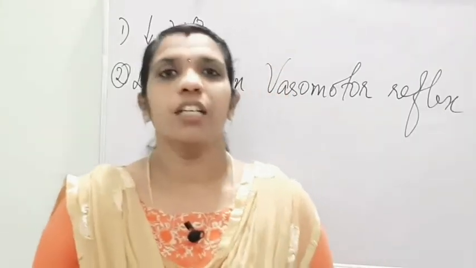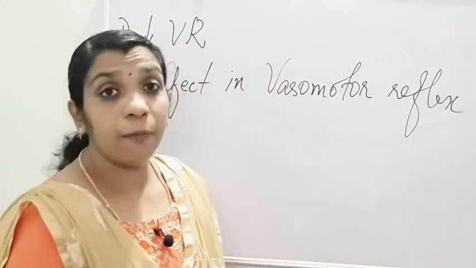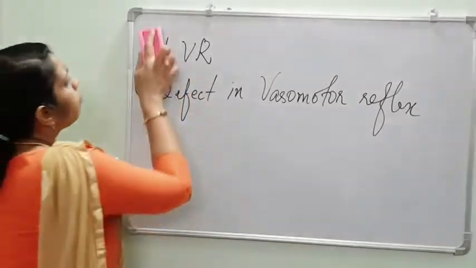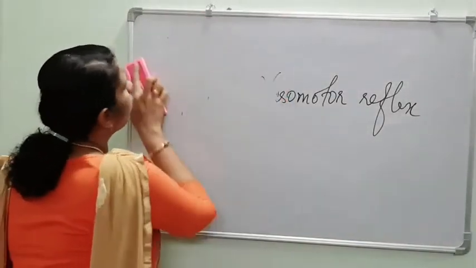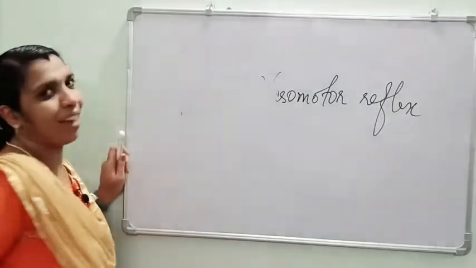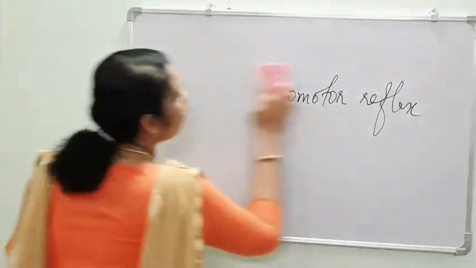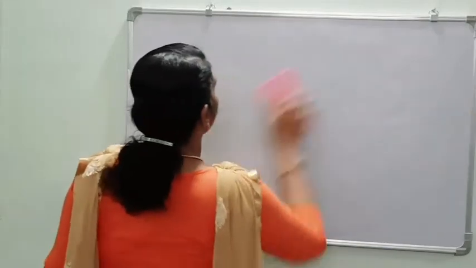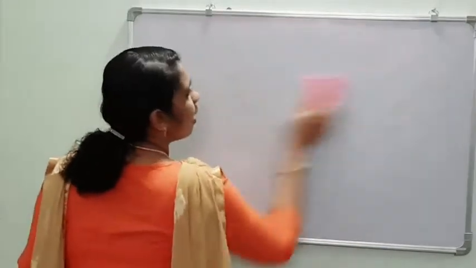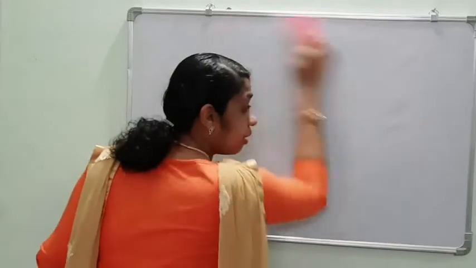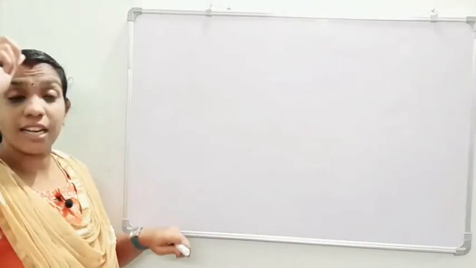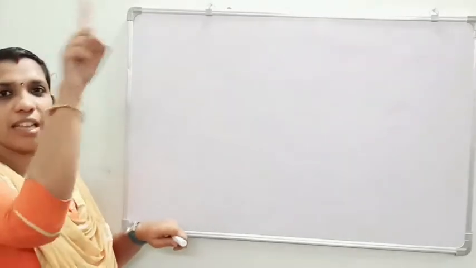You understand? So first we will see what happens in reduced venous return. We all know that humans stand upright, is it not? So we have a straight vertebral column. The persons who are not having straight vertebral columns are not considered as humans, is it not? So we are standing upright.